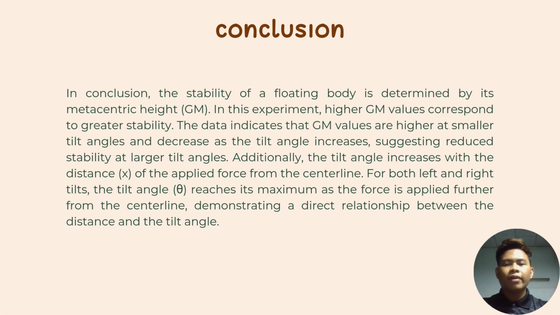For both left and right tilts, the tilt angle reaches its maximum as the force is applied further from the center line, demonstrating a direct relationship between the distance and the tilt angle.